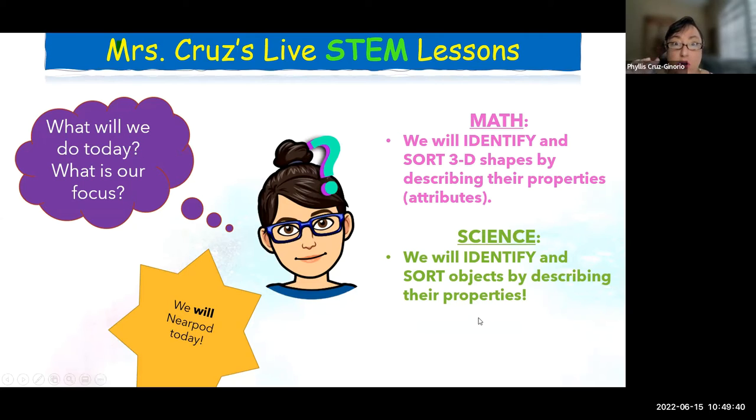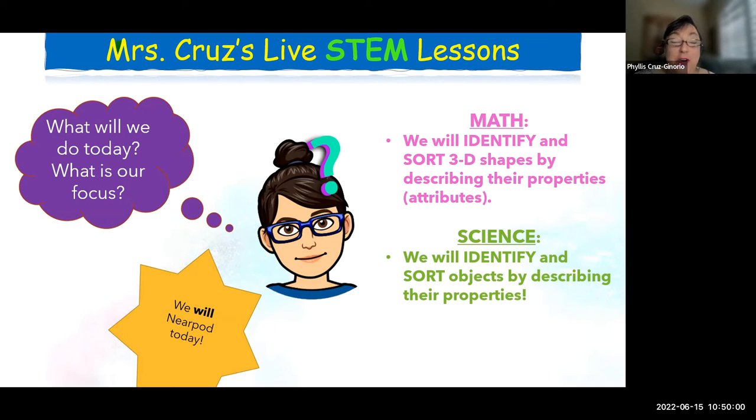Now, let's run and jump forward. Talk about what we're doing today in math and science. Yeah, it's our math and science lesson. All right. What are we doing in math today? Well, the first thing we're going to do is look at shapes.